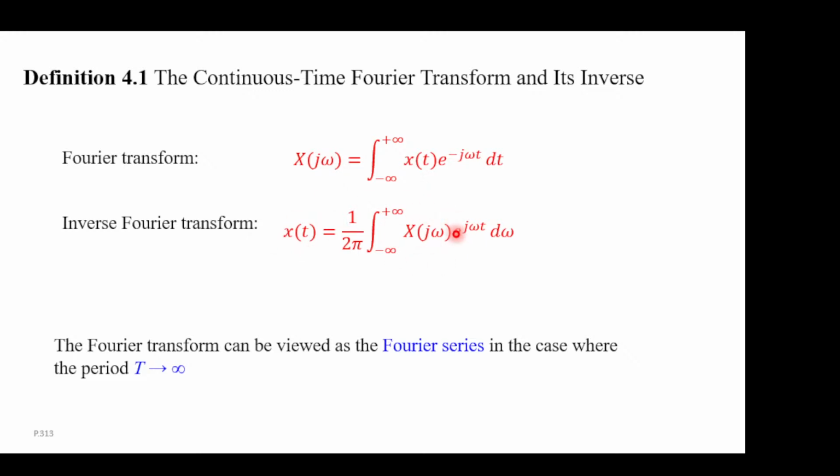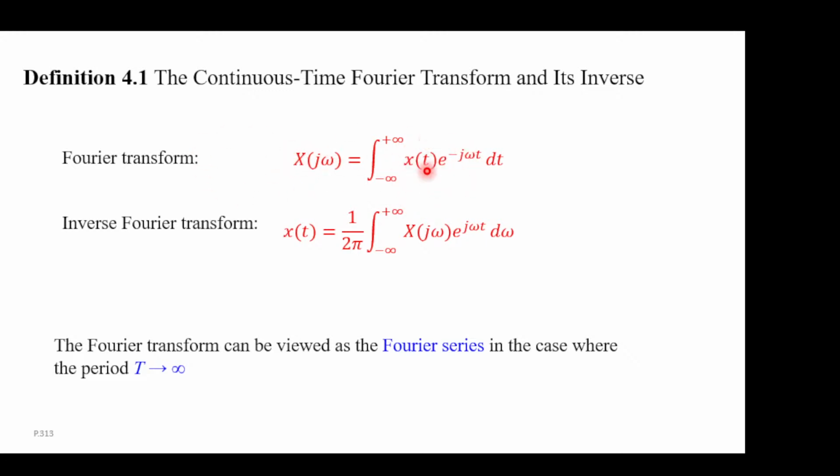If you know big X of j omega, you can calculate x of t by doing this integral. And if you know x of t, you can calculate big X of j omega by doing this integral. So they have the same amount of information, and they can be viewed as the same function, just from a different perspective, or as people like to say, in a different domain.